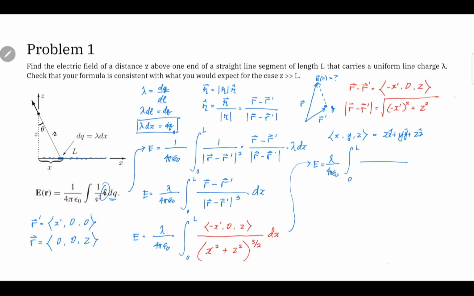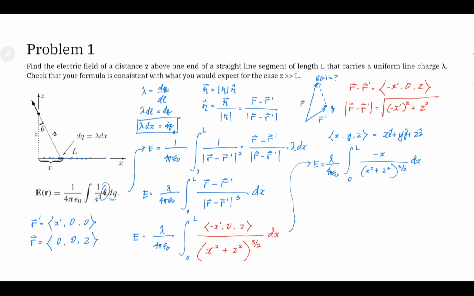I know it's going to be kind of confusing, I'm just going to write it as negative x, but remember that this x is your distance from your origin to your source charge. So this is going to be negative x over x squared plus z squared raised to the quantity of 3/2 integrated with respect to dx. That's going to be your first term.